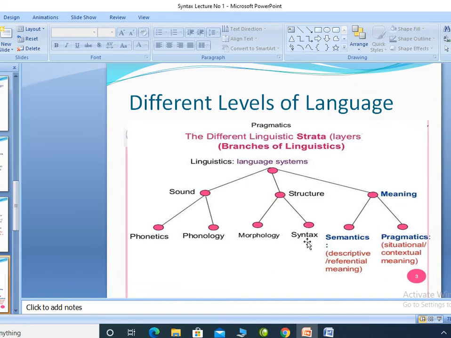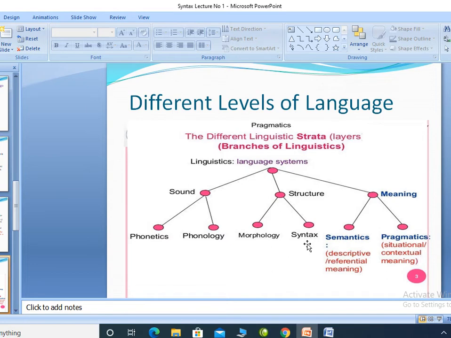Syntax is a little bit of a higher level, right? Syntax deals with the combination of words. So words are produced by morphology, and the words are combined by syntax. Syntax is the study of sentences and phrases, or how people put words into the right order so that they can communicate meaningfully.